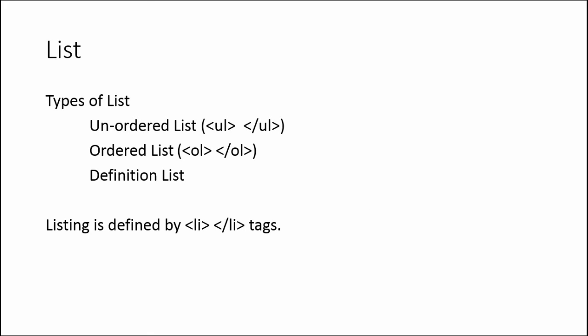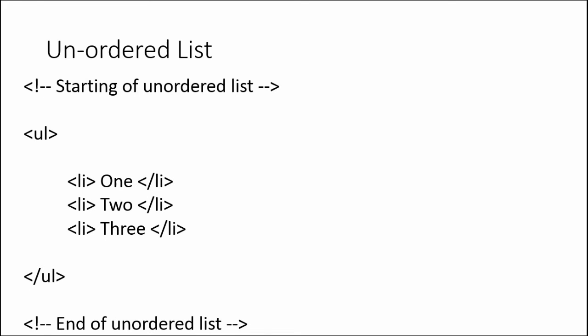Next is regarding listing. We have various types of listing: unordered listing, ordered listing, and definition list. Now let's see what unordered listing actually is. Unordered listing means having the information in no particular order.